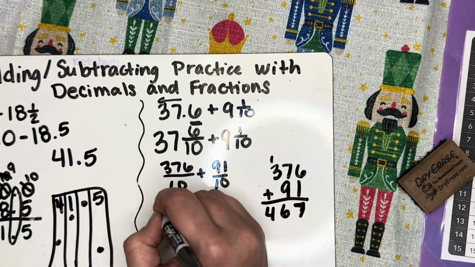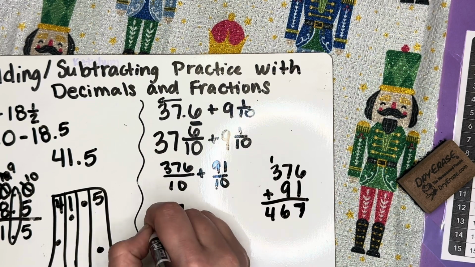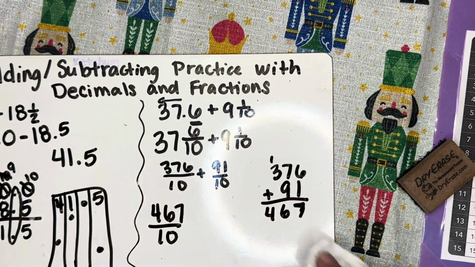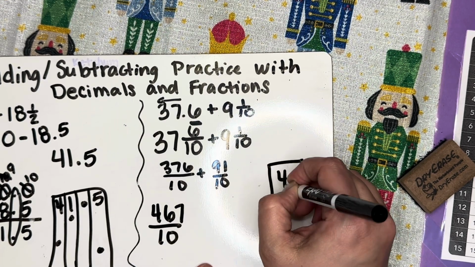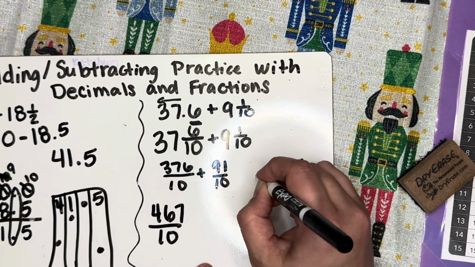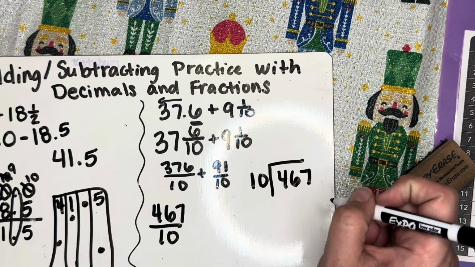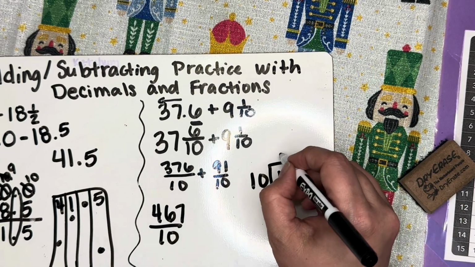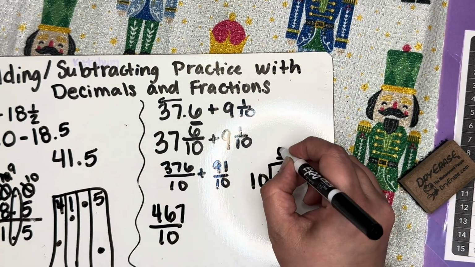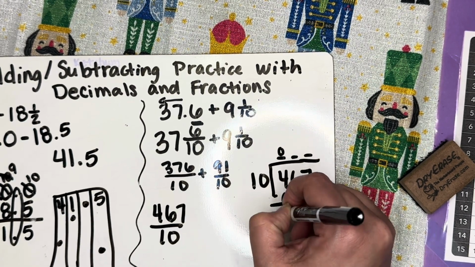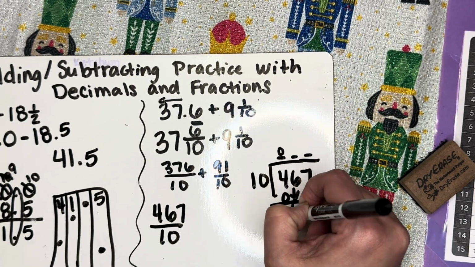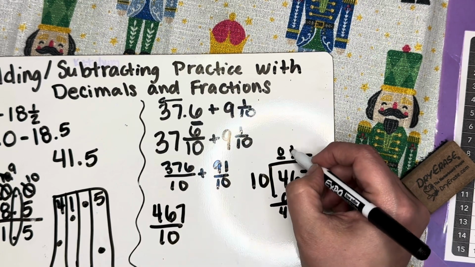So I have 467 over 10. It's an improper fraction, so I'm going to divide. I want it in fraction form. 10 cannot go into 4. Ten can go into 46 4 times.